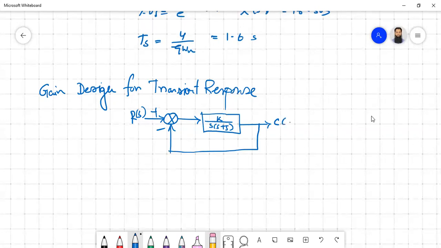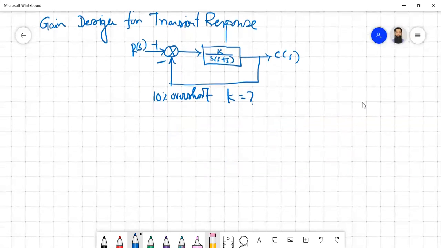They want us to design the value of k for the unity feedback system so that the system will respond with 10% overshoot. So to maintain 10% overshoot, you have to figure out what the value of k should be. This is our question.